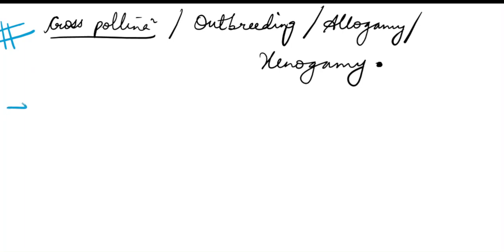So here, the first criterion is that there is a need of a pollinator. And the second thing is that the flower is a unisexual flower.